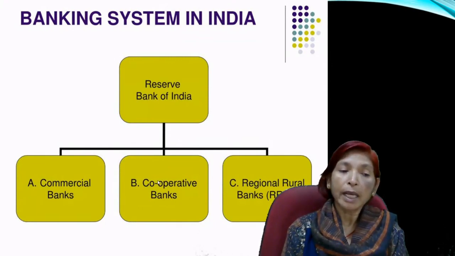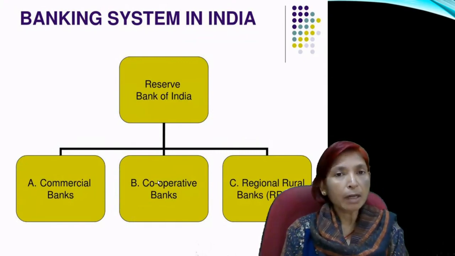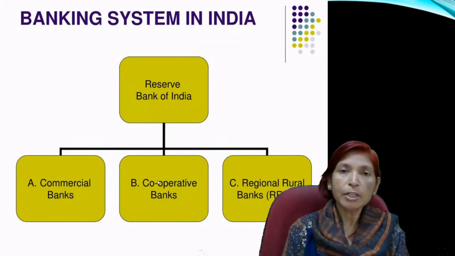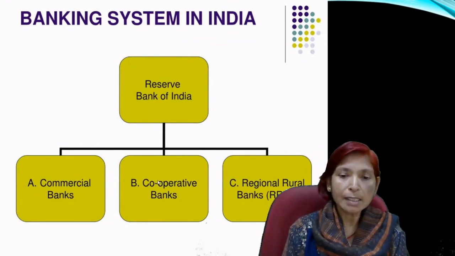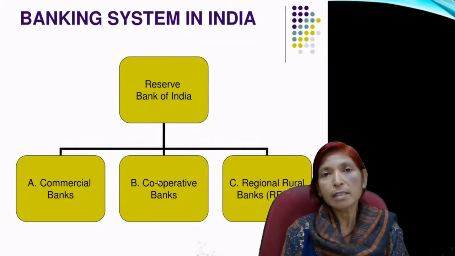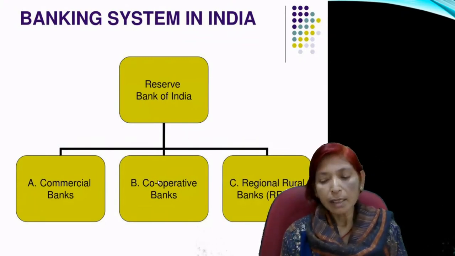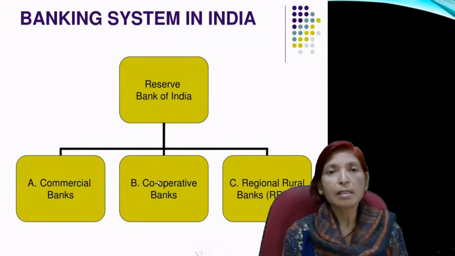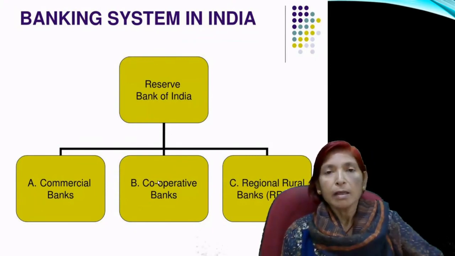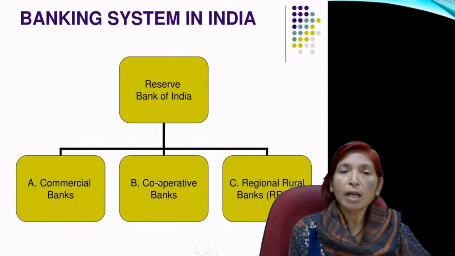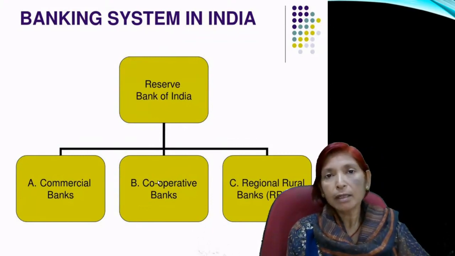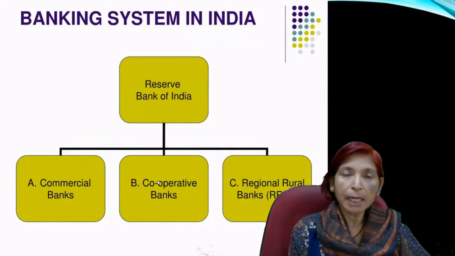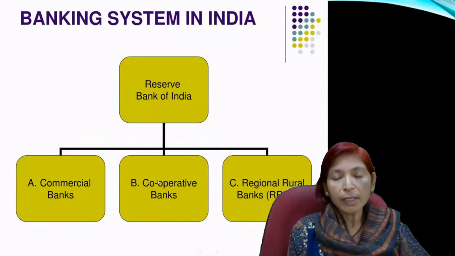Commercial banks again can be classified into private commercial banks, public sector commercial banks, nationalized commercial banks, and scheduled banks, non-scheduled banks, cooperative societies, and regional rural banks, which deal with the rural areas and provide financial facilities to the farmers for producing their crops for the short time period, long time period, and medium time period, all types of different time period.